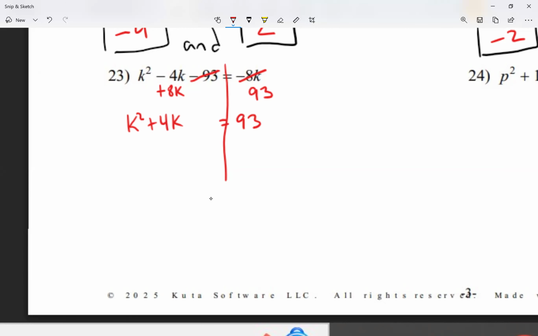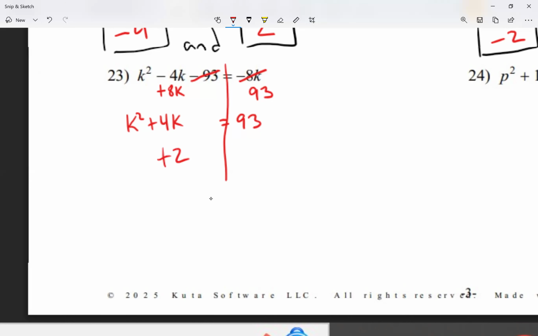The leading coefficient, the first number, it's a 1, so that's good. And again, if it is not a 1, if I had a number in front of k squared, divide everything by that number. Okay, but in this case, it's 1. So then I look at the second number, positive 4. What's the half of positive 4? Well, in my case, positive 2.